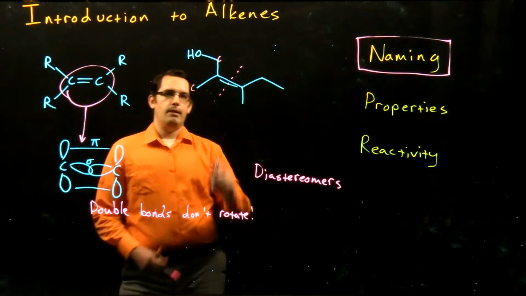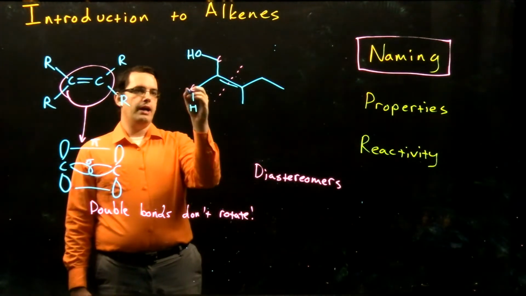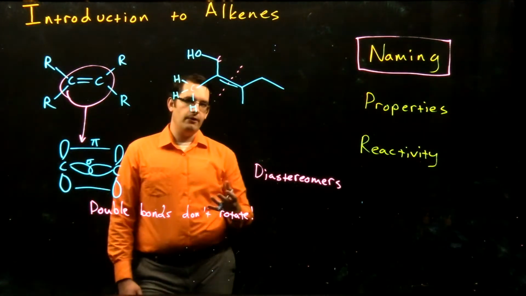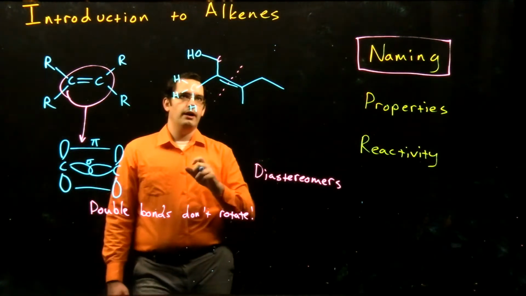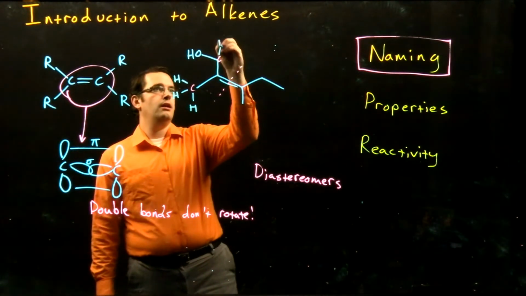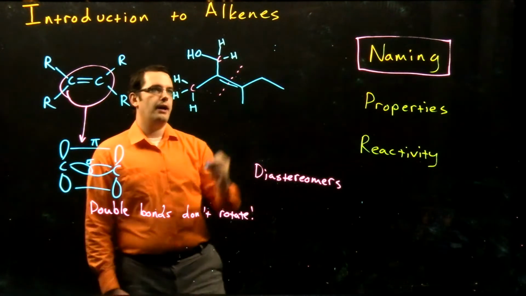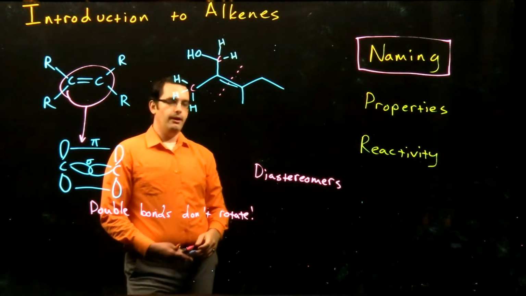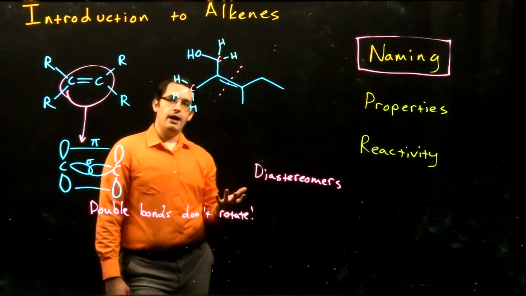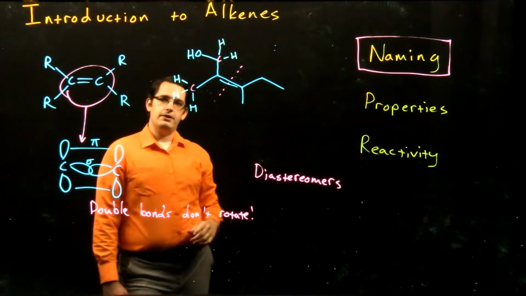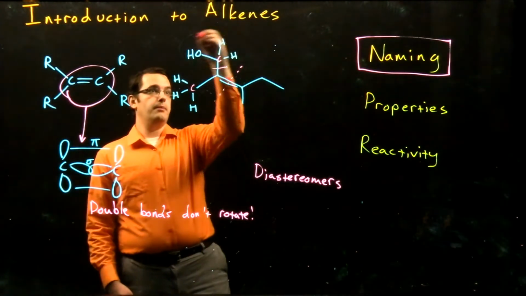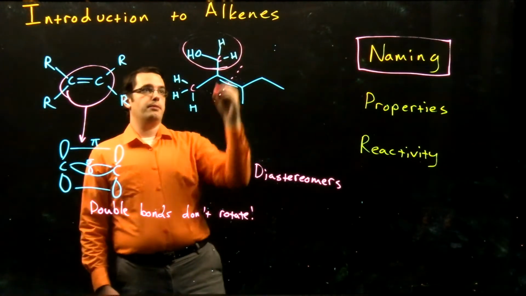Of course, our lower carbon would just have our hydrogens that we fill in up to make our 4 bonds, as always with our bond line structures. Up here we have our oxygen, and of course we would have 2 other hydrogens to fill up to our 4 bonds as well. Our top carbon has the bond to our higher priority oxygen compared to our lower carbon that just has the 3 hydrogens, and so we say that this group is our higher priority group.